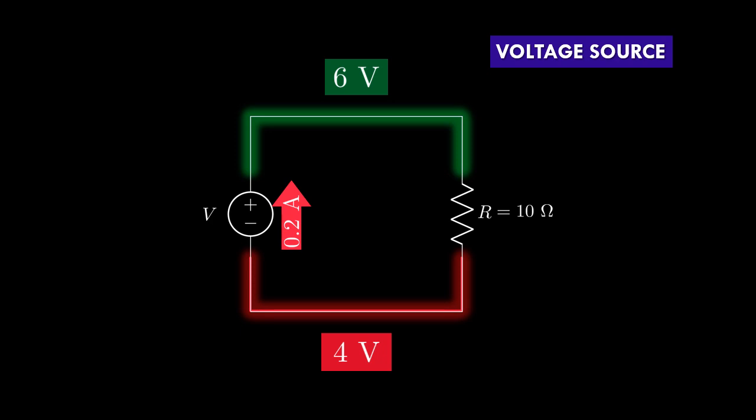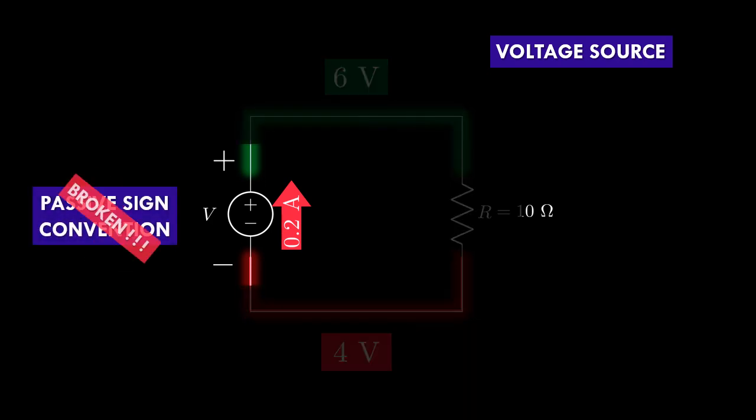But what's different this time is the voltage source already comes with a positive and negative terminal of its own. For example, in a battery, you always see there's a positive sign on one end and a negative sign on the other. But this just created a problem for us. This positive and negative sign and our direction of current does not follow passive sign convention here, hence the dilemma.